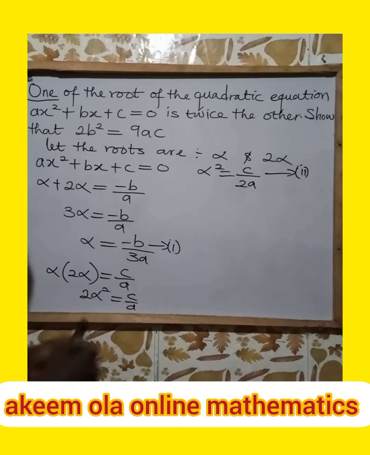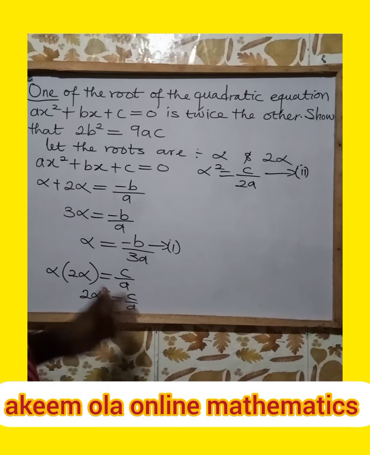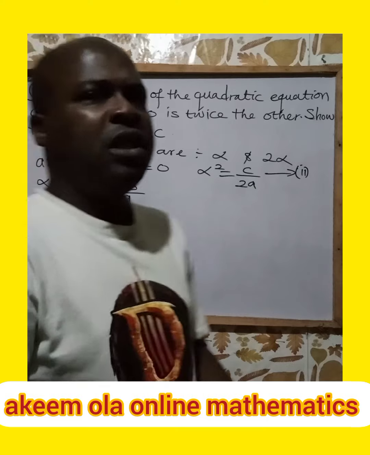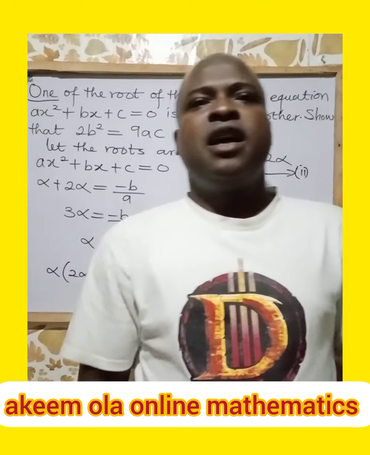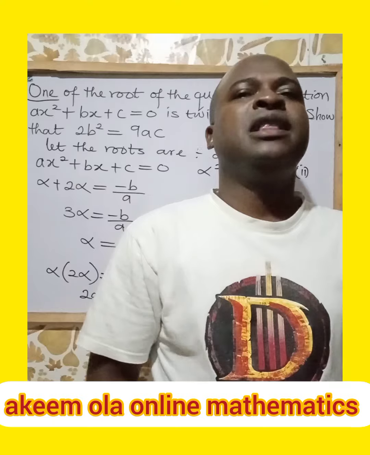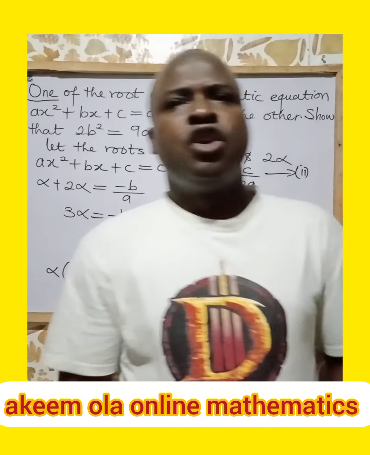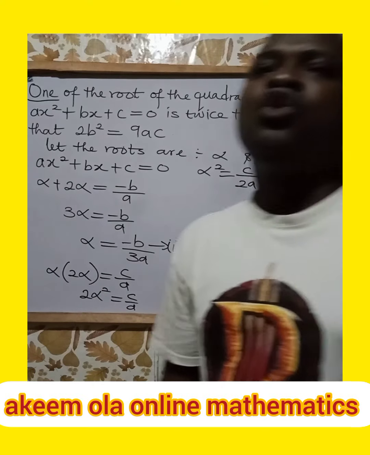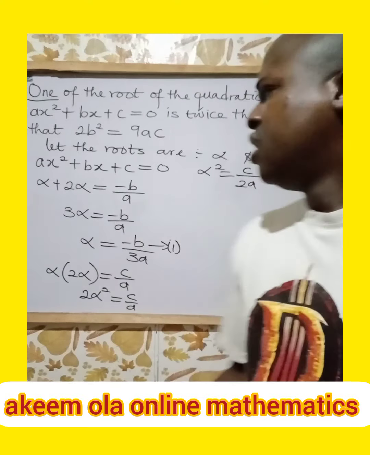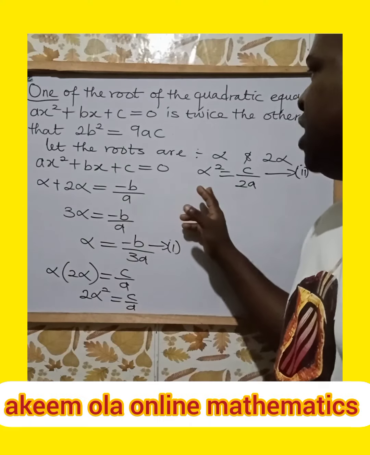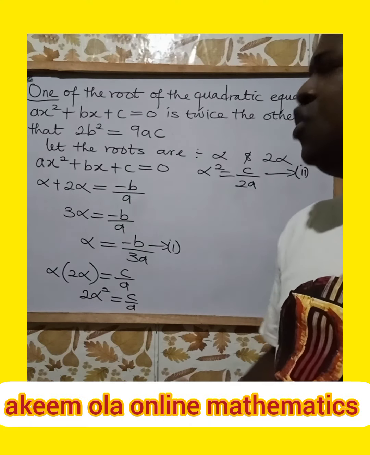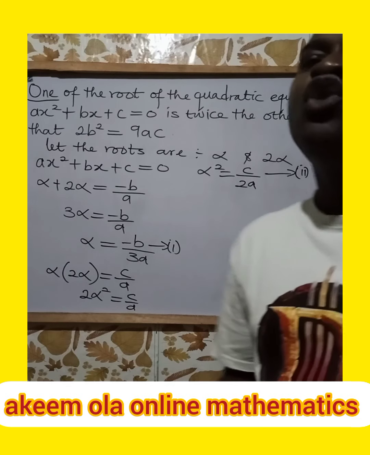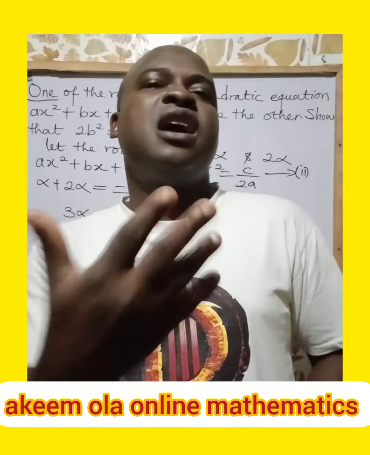If you look at our equation 1, you will observe that we have alpha is equal to minus b all over 3a. Normally, alpha in both equation 1 and equation 2 must be the same. So what can we do to make the alpha in equation 1 and equation 2 balance? This is alpha, while this one is alpha squared. What I need to do now is to square equation 1 so that it will also be in terms of alpha squared.